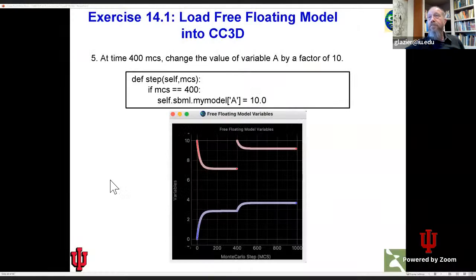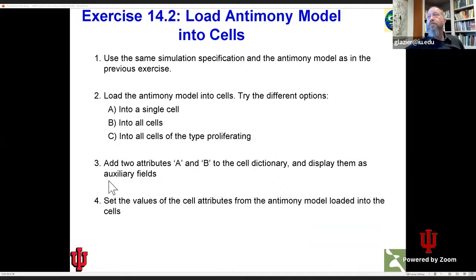Okay. So now your next assignment is to load the antibody models into the individual cells instead of a free floating model. Since we don't have that much time, I wouldn't try all of the different options.